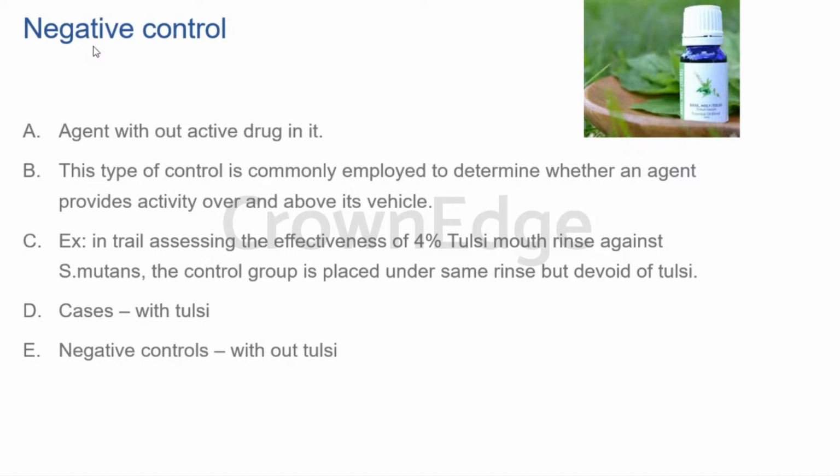You want to see whether tulsi is reducing the count of S mutans in a person's mouth or not, and you are testing it with a mouth rinse that is similar in its entire composition except for the one particular thing that you are studying, that is tulsi. So in the experimental group you give mouthwash with tulsi, and in the control group you give mouthwash without tulsi. This is negative control.